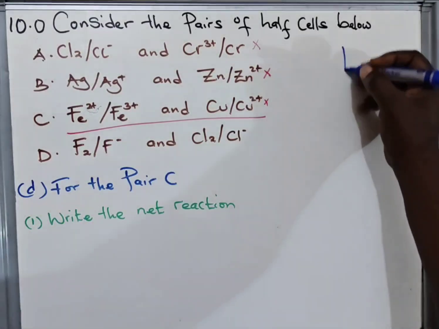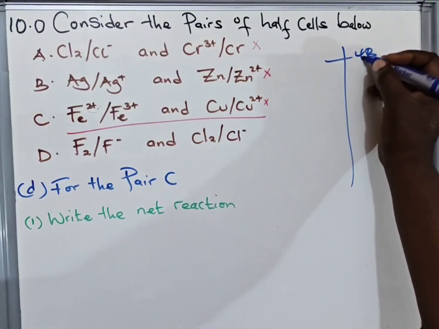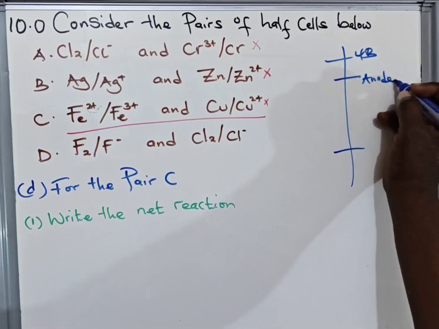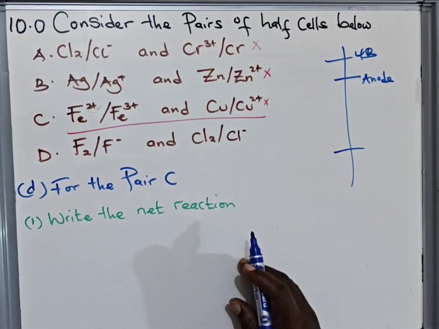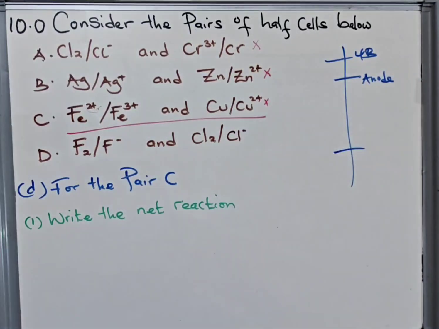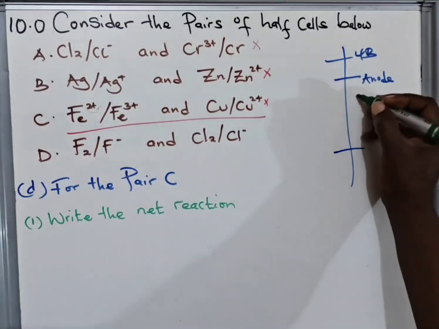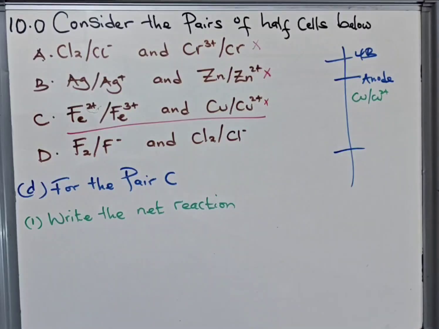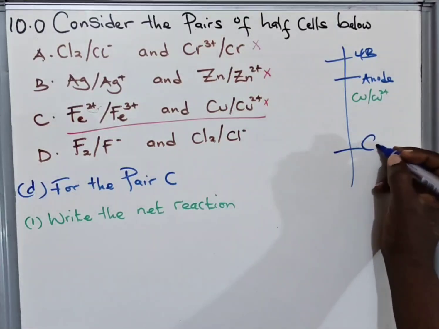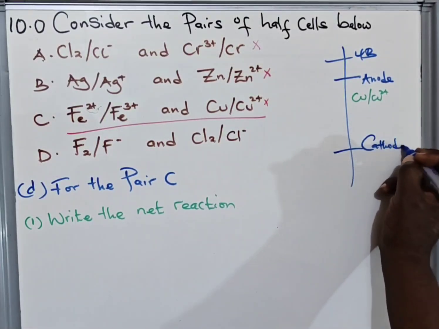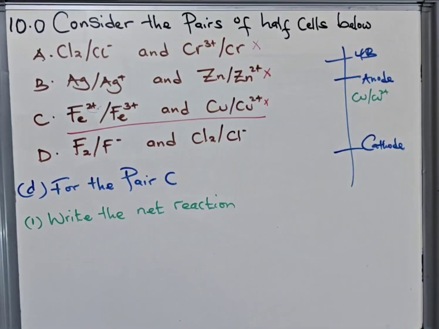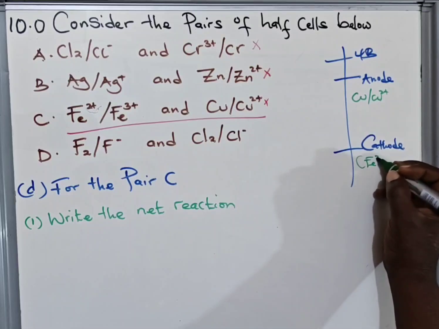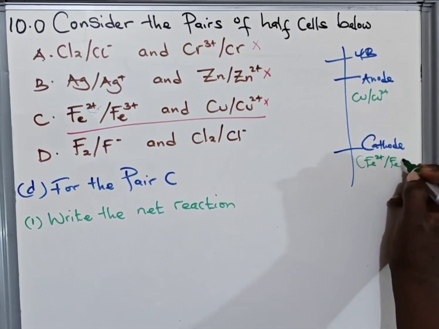So when you go to table 4b, the one which comes first is the anode. In this case, which one comes first? It's copper. So copper comes first, the copper half cell. And the one which comes later is the cathode. Which means that our iron half cell is here.